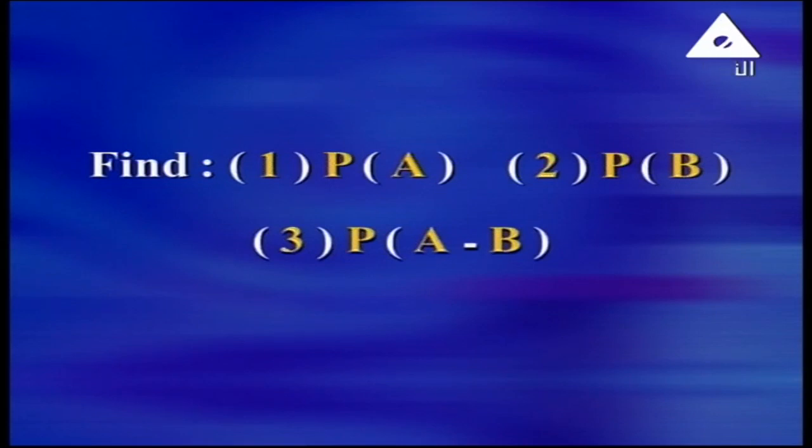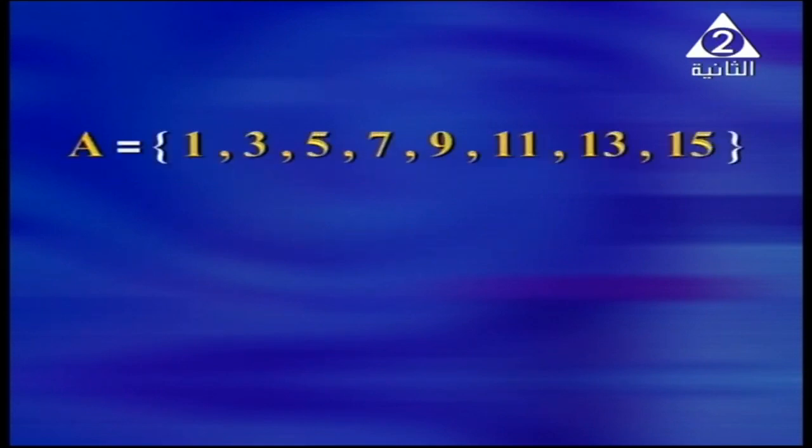It is odd numbers from 1 to 15. So we can say that A equals {1, 3, 5, 7, 9, 11, 13, and 15}, which are the odd numbers between 1 and 15.